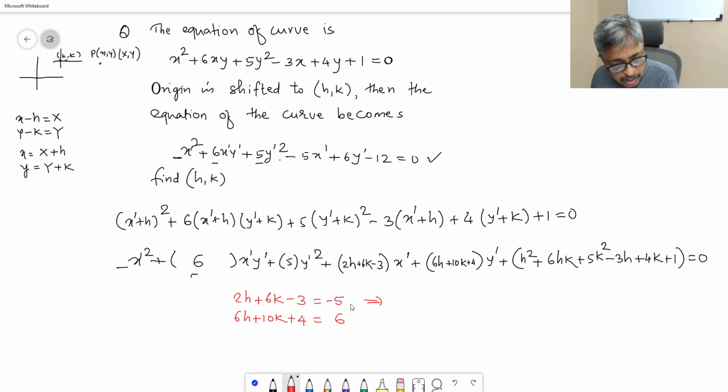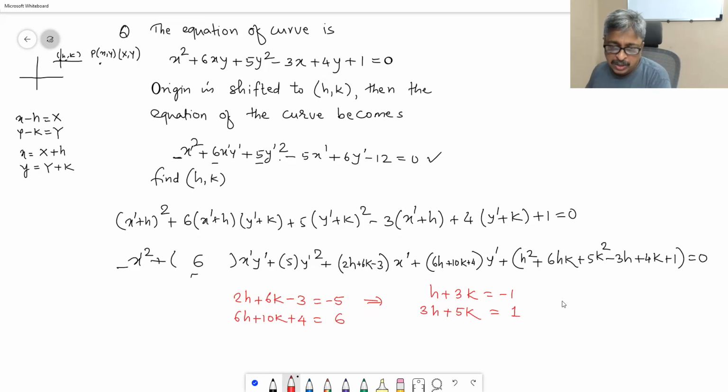If I take it to the other side, it will be minus 2. 2 is removed. So h plus 3k is equal to minus 1. And if I take this to RHS, it will be 2. Again, 2 can be removed. And I can write it as 3h plus 5k is equal to 1.